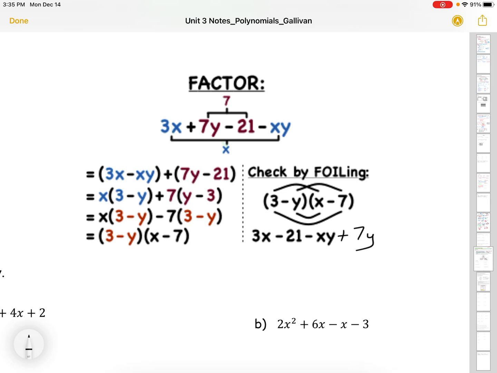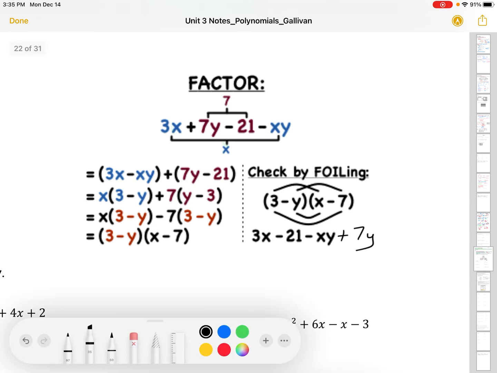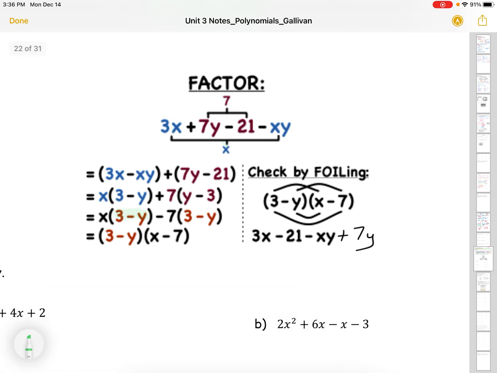So anyways, I rearrange the 3x and the minus xy. I can divide out an x, and I get 3 minus y. The 7y minus 21, I can factor out a 7, and I get 7 times y minus 3. So what we notice is y minus 3 and 3 minus y are very similar, or are the same, right?